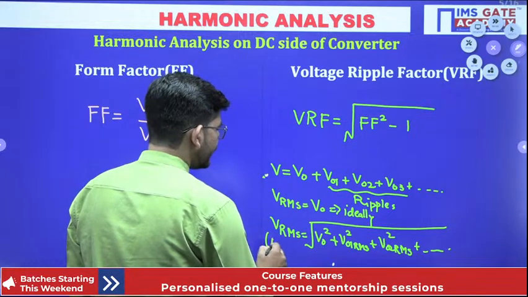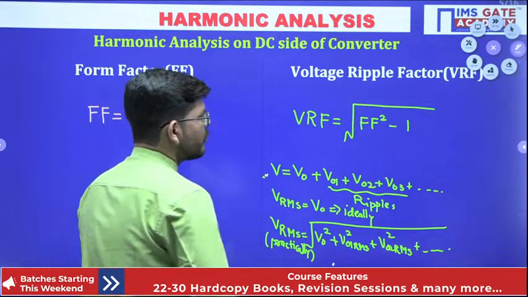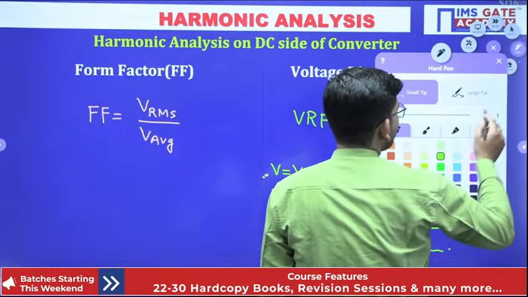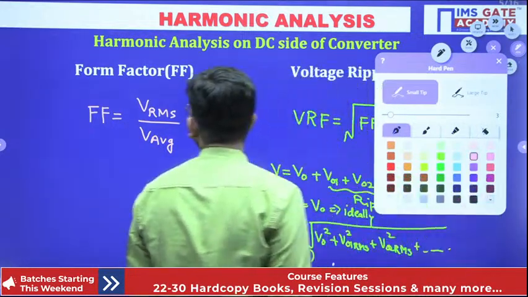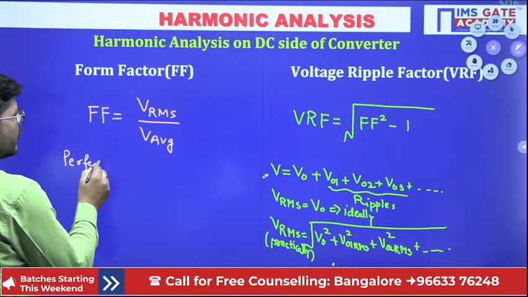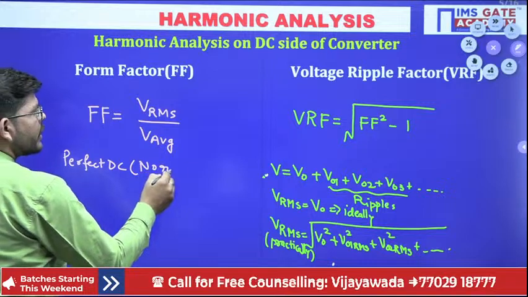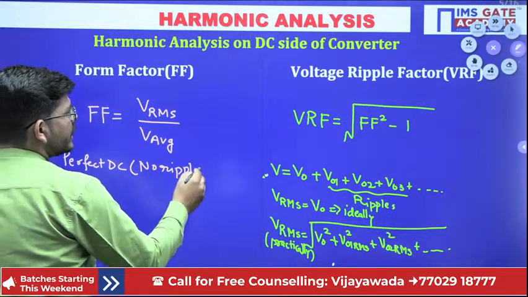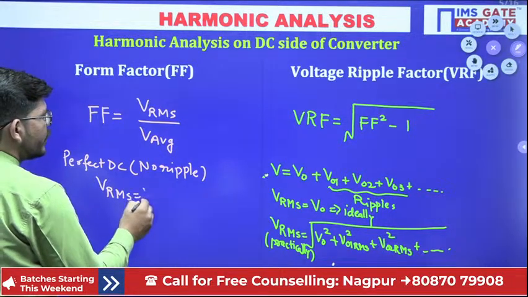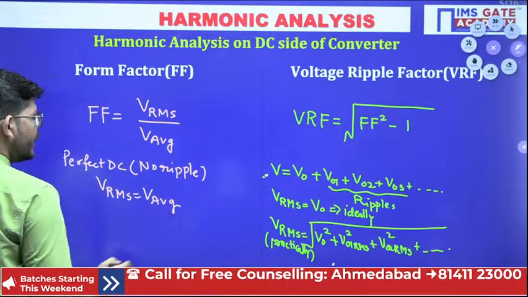This is happening practically, but ideally we don't want other frequency components to be present there. So if I ask you, if these components are not present, then in a perfect DC, what should be there? A perfect DC means no ripple. If no ripple is present, in the case of a perfect DC, the RMS and average values are exactly equal, isn't it?